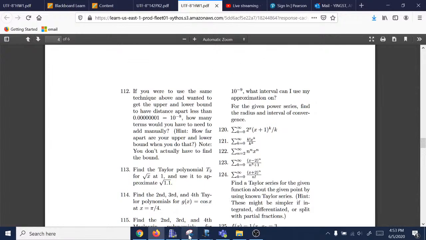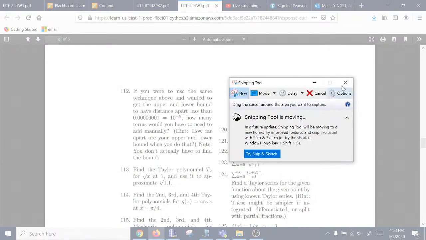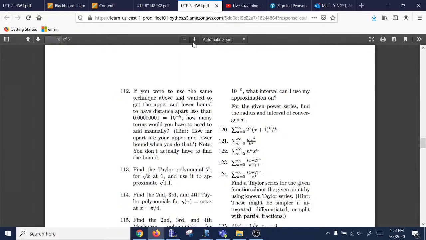Oh, this is a hard one. This is a really good problem, by the way.